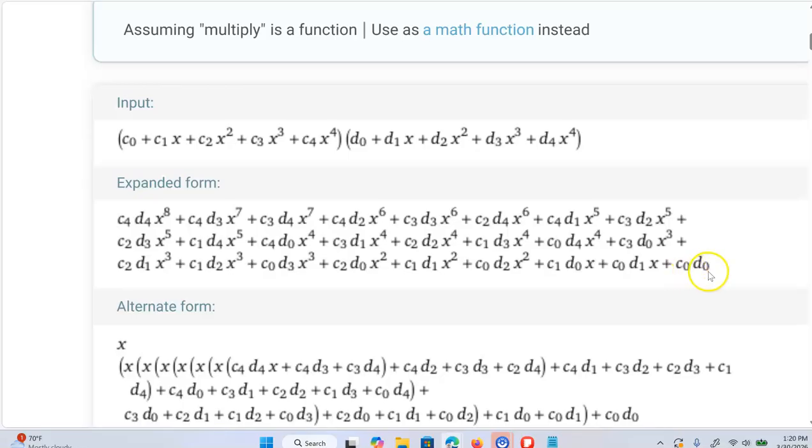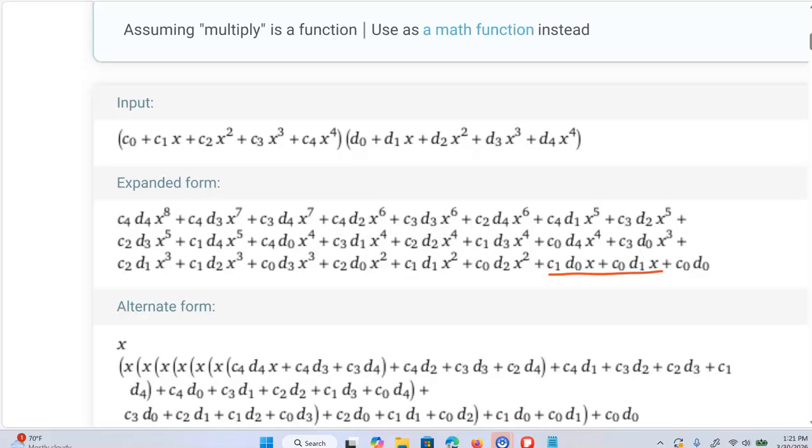This would be my x to the 0 term. These two right here, if I were to factor the x out, you can see I've got c1 times d naught plus c naught times d1.